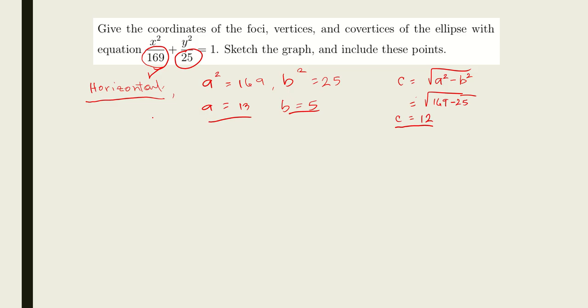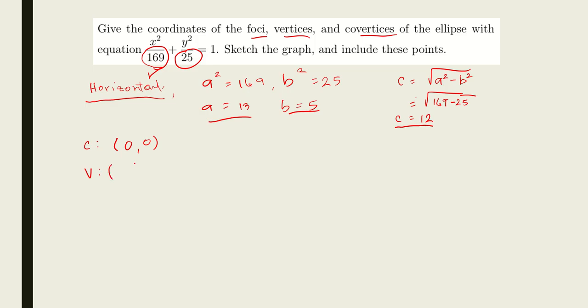Now we can proceed in identifying all the needed properties: the foci, the vertices, and the co-vertices. But we need to identify first the center. The center in the given is very obvious because x squared means we have a center at 0, or at the origin, because the numerator is x minus h, therefore x minus 0. So the center is (0, 0). Let's proceed now to the vertices.